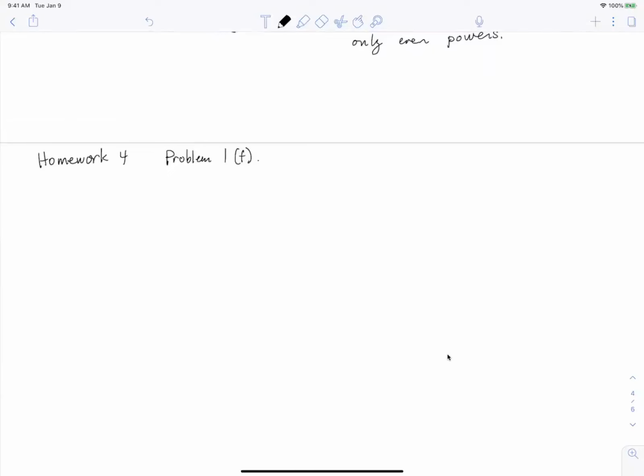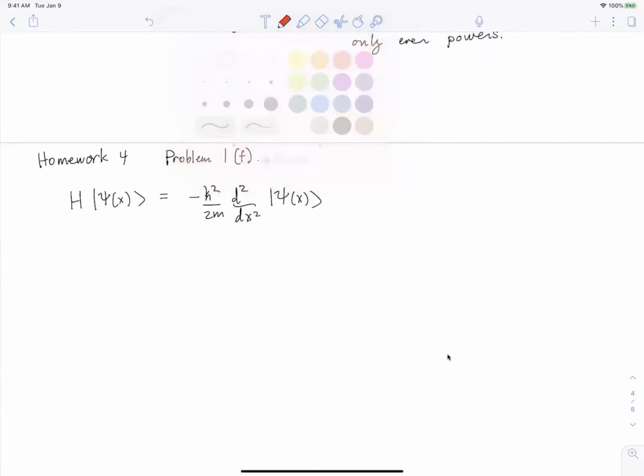So a few people wrote down some version of the following equation. The Hamiltonian acting on psi of x is equal to minus h bar squared over 2m, two x derivatives acting on psi of x. Okay, so I want to emphasize that this is just not a right equation.